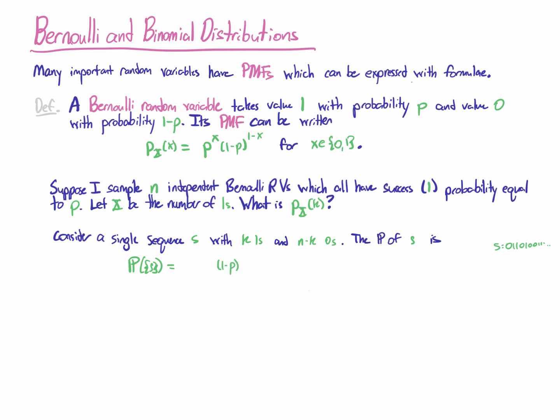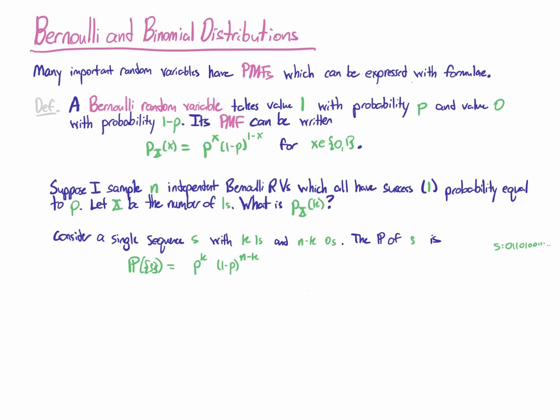Furthermore, I know that there were n minus k zeros, so this 1 minus p probability event had to happen a total of n minus k times. Similarly, I know there were k heads, and each of those happened with probability p. So I have p to the k times 1 minus p raised to the n minus k as the probability of this single string S.